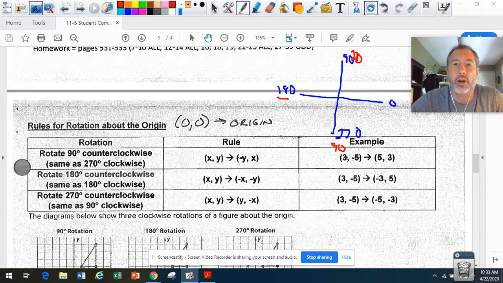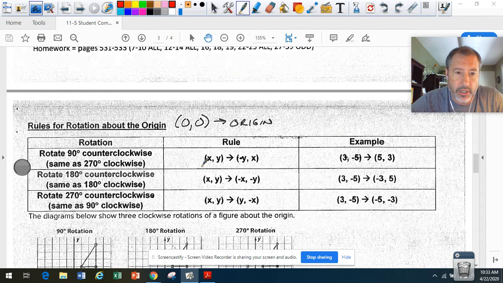Basically, the rule that we are working with here says if we have our X and our Y, this is our original, all we have to do is switch the X and the Y and do the opposite of the Y. Some of you guys are going, what does that mean, Mr. Spencer? Let's take a look.